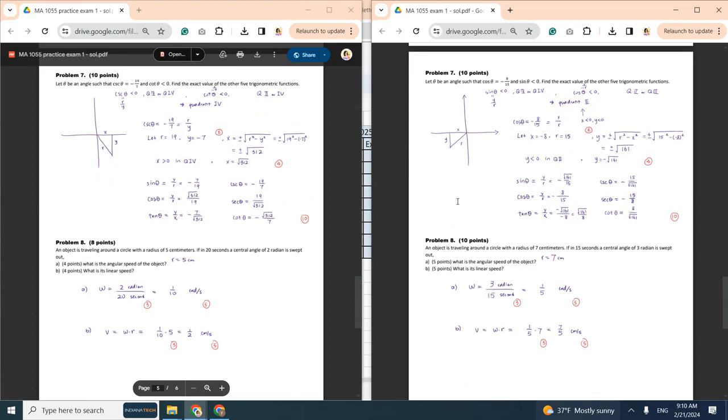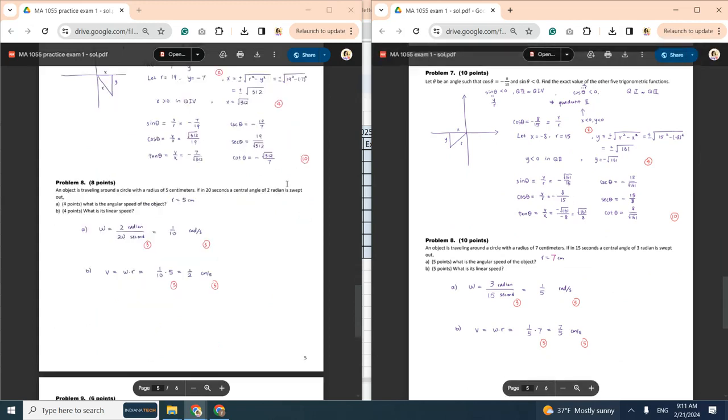And because it's in quadrant 3, your y is negative. Yes, so we take the negative value. Once you get x, y, and r, you can write down all the 6 trig functions. Yes, everybody? Okay, so you will see more of this type of problem in the future.